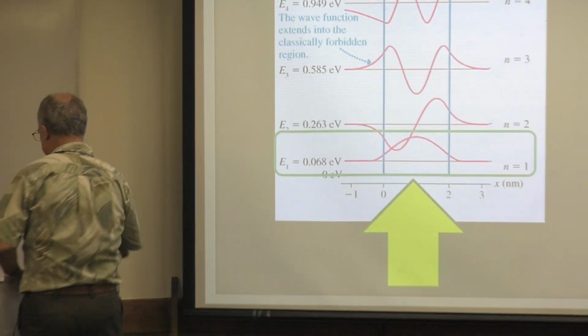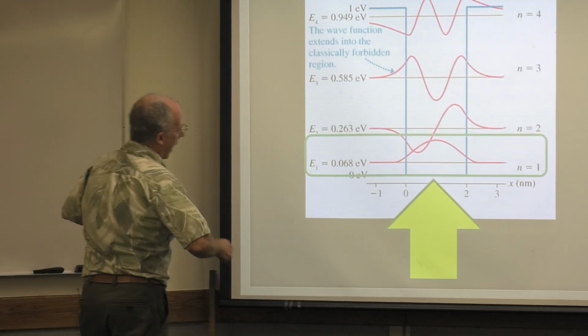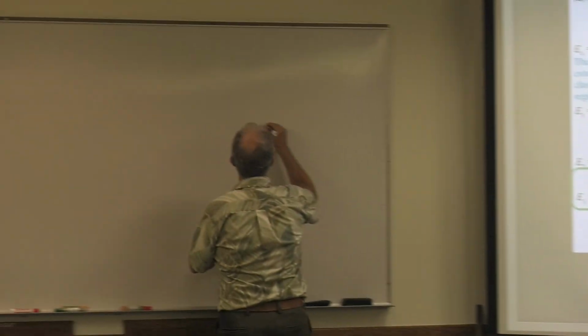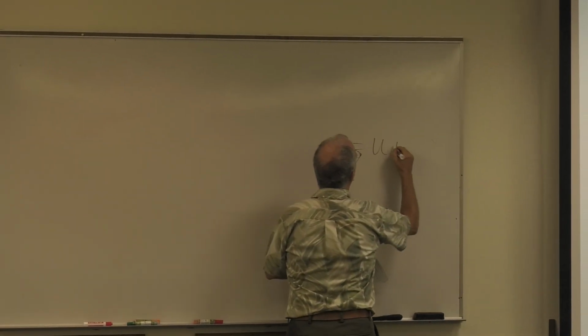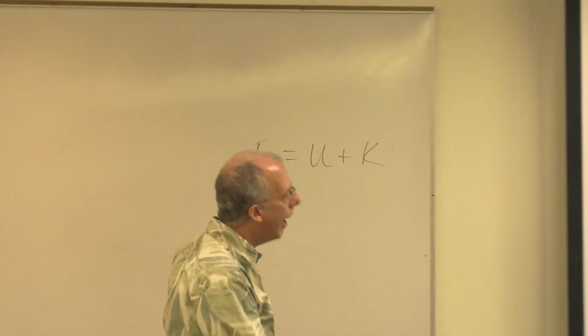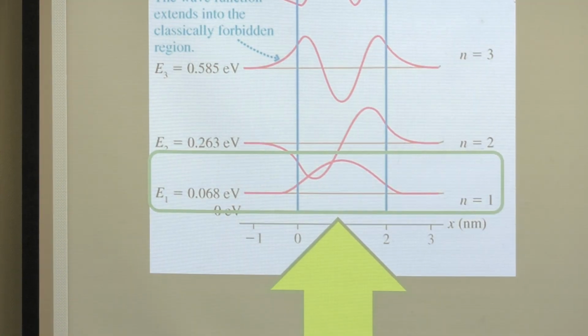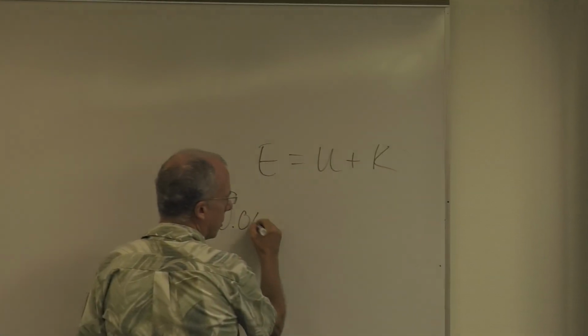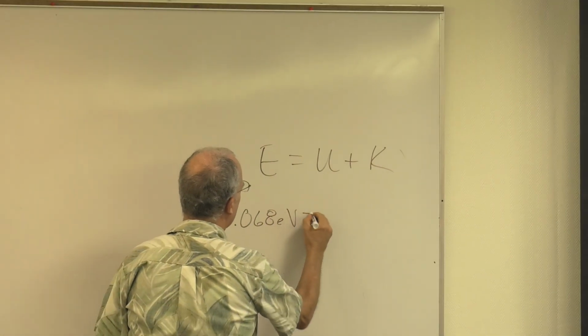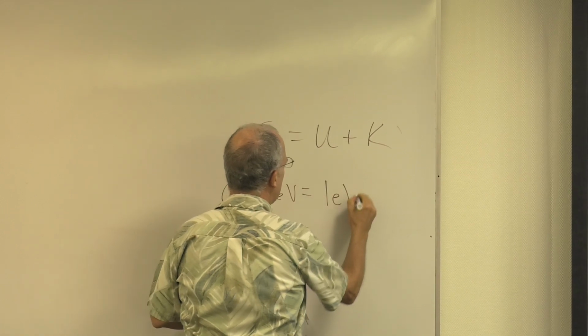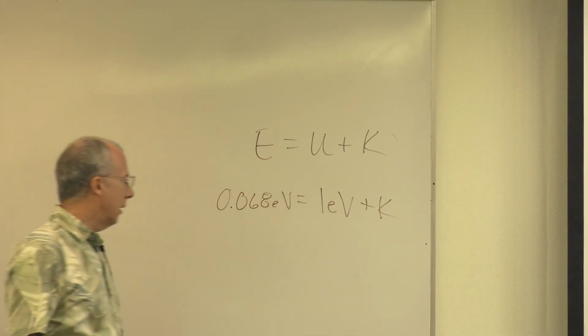I mean, how can that be? E equals U plus K. Right here, E is 0.068 eV. U is 1 eV. What does that mean that K is?